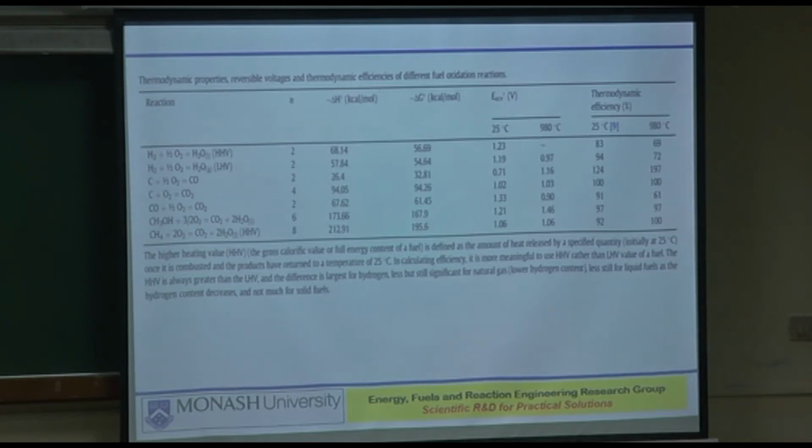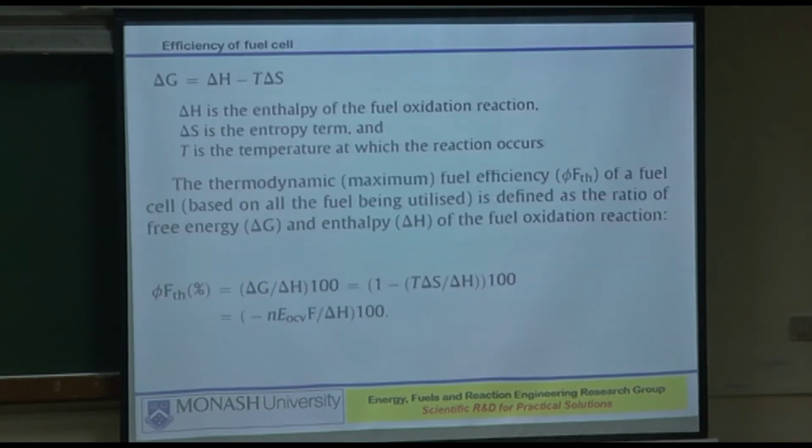Then the fourth column is the Gibbs free energy, and typically what sort of open cycle voltage that we get at different temperatures, at low temperature as well as a high temperature. This is usually measured, that's the EOCV. And from there, if you get all of this, then you can actually calculate the thermodynamic efficiency as we had in the previous slide. Okay.